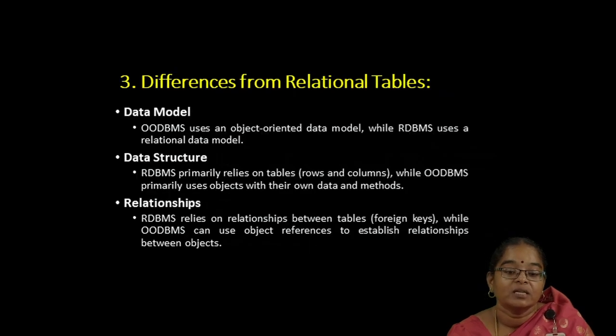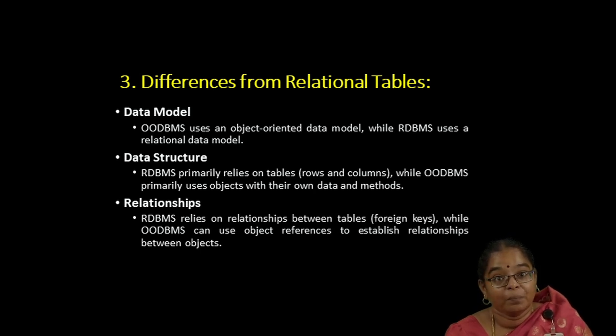And the next one is data model. OODBMS uses an object-oriented data model. RDBMS uses a relational database model. The relational database model is nothing but Oracle. Many programming languages are there, and just as programming languages handle the data, OODBMS also handles the data. And then data structure.